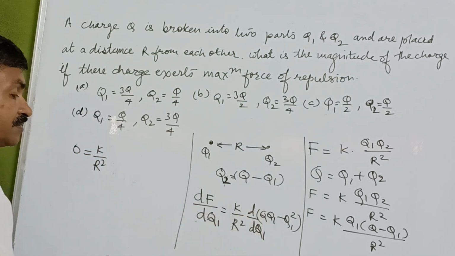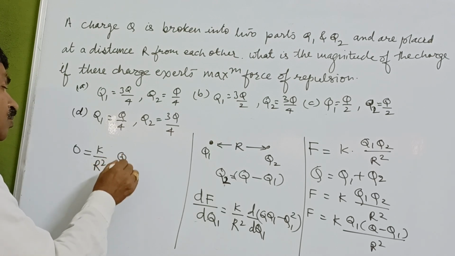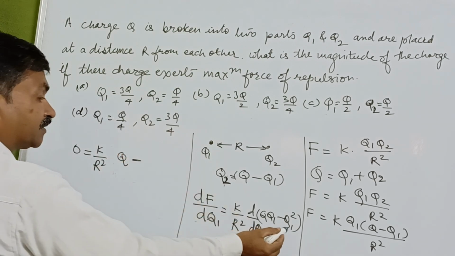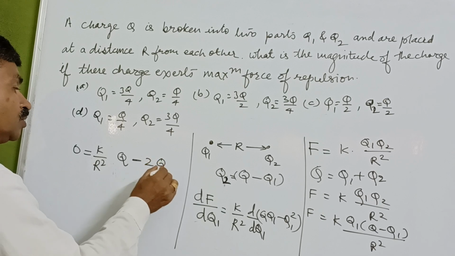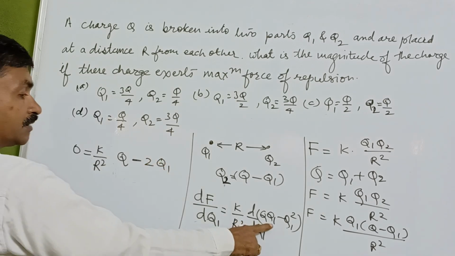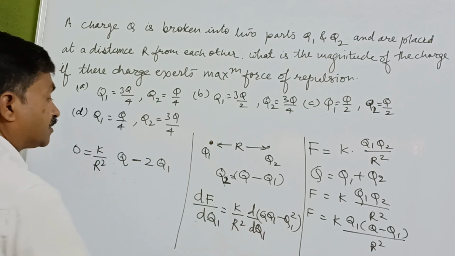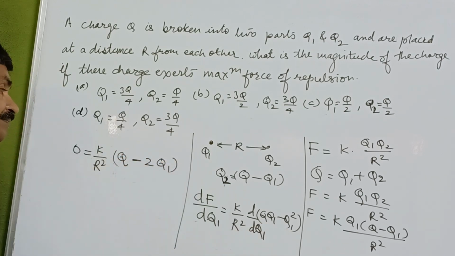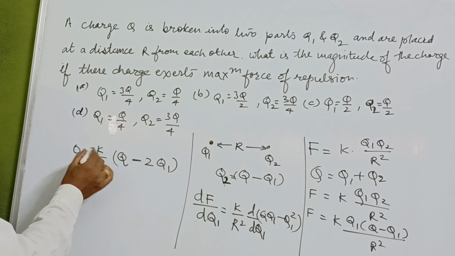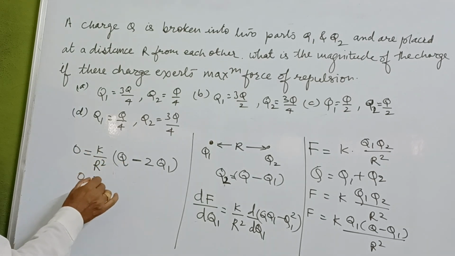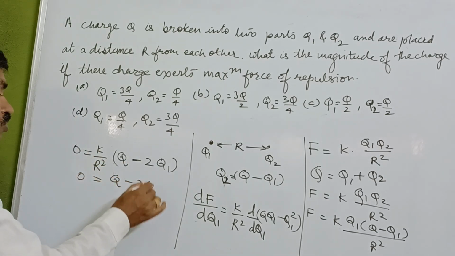Differentiation of Q into Q1 will give only Q, and differentiation of Q1 square will give 2 Q1. All other values will be 0, so finally we have 0 equal to Q minus 2 Q1.